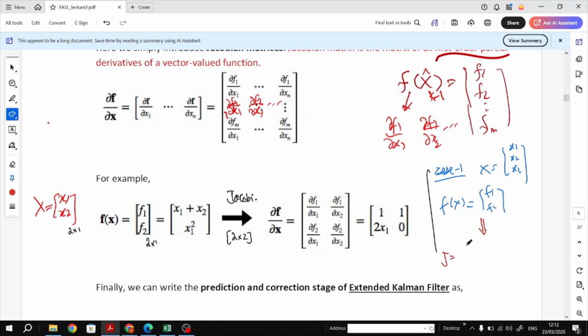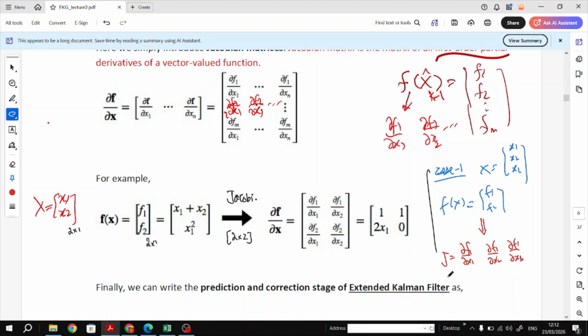In the first row, you calculate the partial derivative of function 1 with respect to x1, then function 1 with respect to the second state variable, and function 1 with respect to the third state variable.